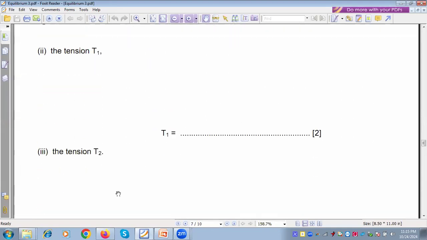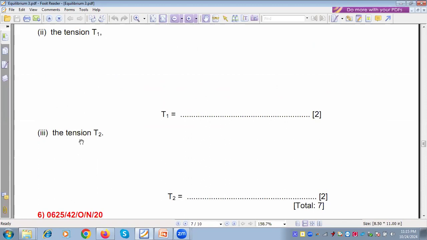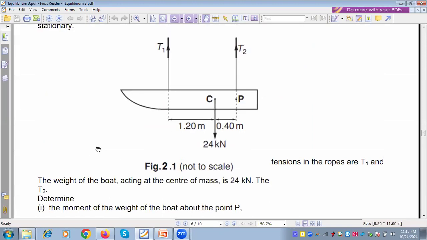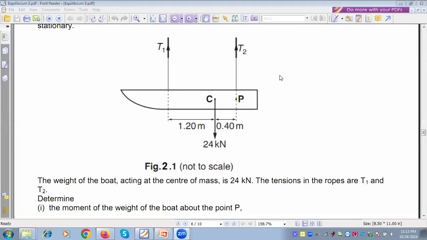Here, we can also apply the principle of moments, but since this is passing through P, we will have to choose another point as a pivot. So we take the point where T1 is acting as a pivot.